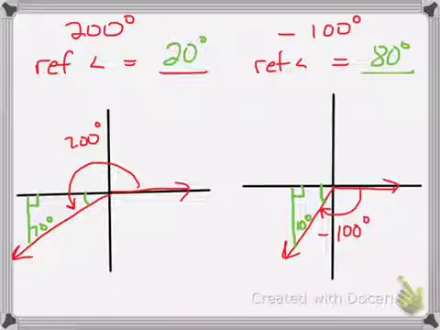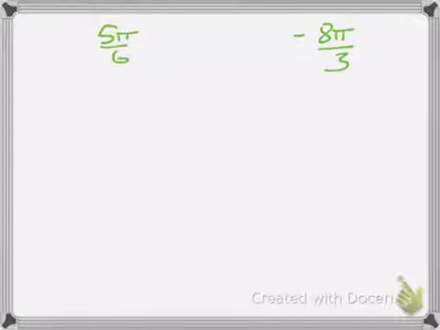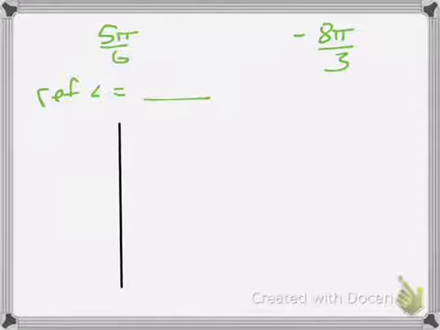Okay, all right, radians. Let's look at the radian 5 pi over 6 and negative 8 pi over 3. Let's find the reference angles for those two things. And anytime you're given a problem in radians, guess where I want your answer? In radians. So let's start with 5 pi over 6. The reference angle is going to be equal to, we don't know. What's pi over 6? 30 degrees, right?